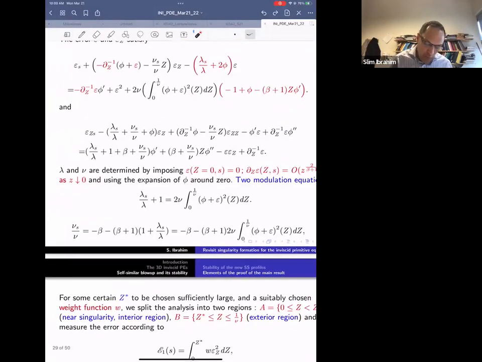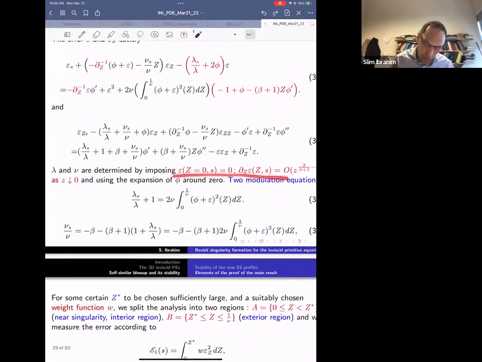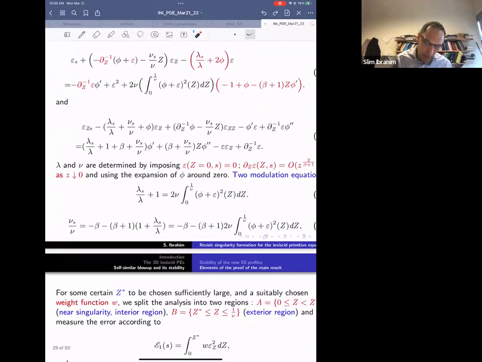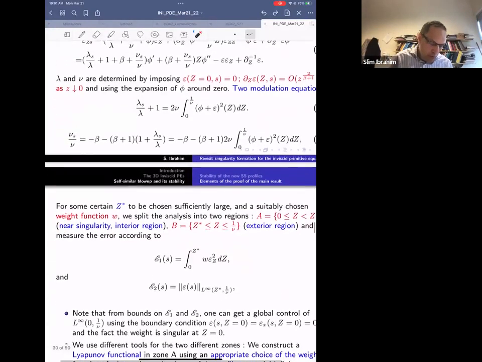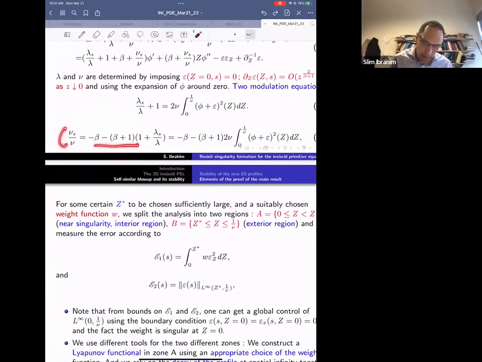Once we fix these two boundary conditions, this will automatically give us the dynamics of these scaling parameters. So lambda_s plus 1 is basically this, and nu_s over nu is basically this, plus a term coming from the pressure.